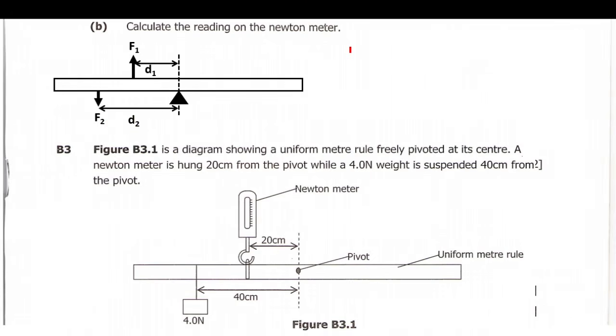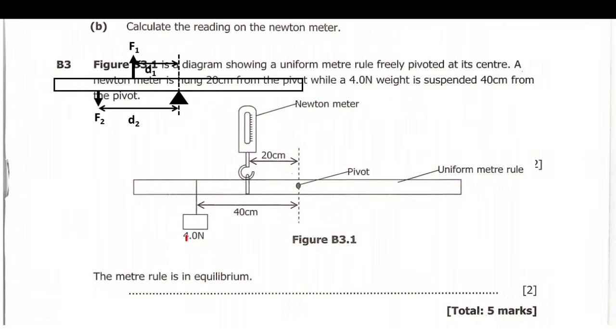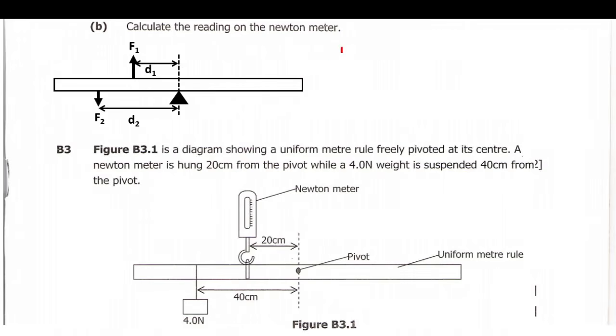Since the meter rule is in equilibrium as stated, the moment is going to be F1 times D1 is equal to F2 times D2.